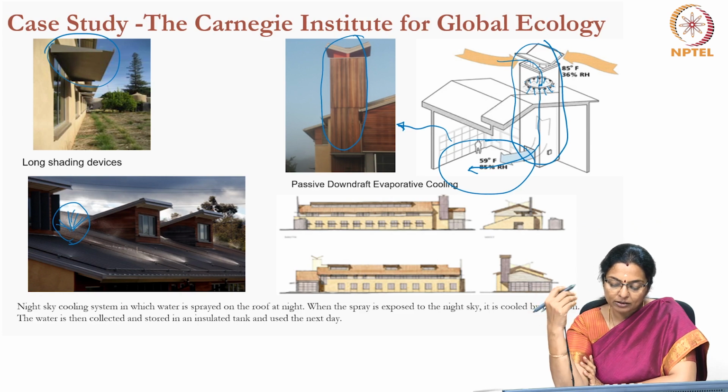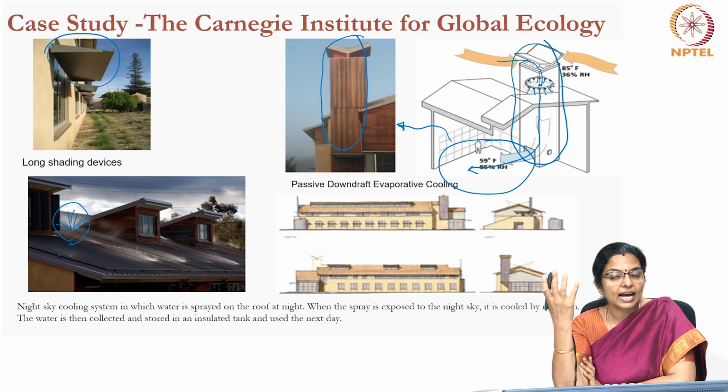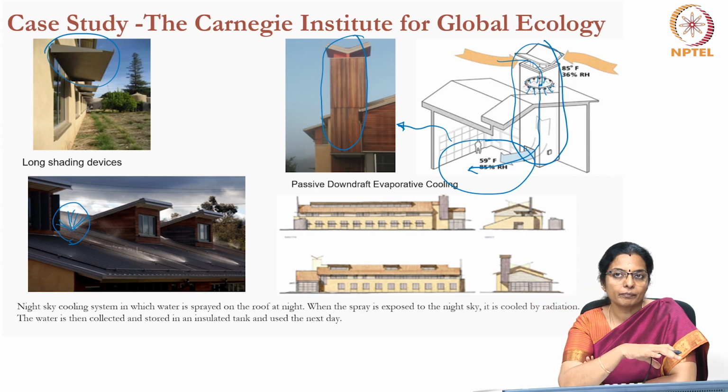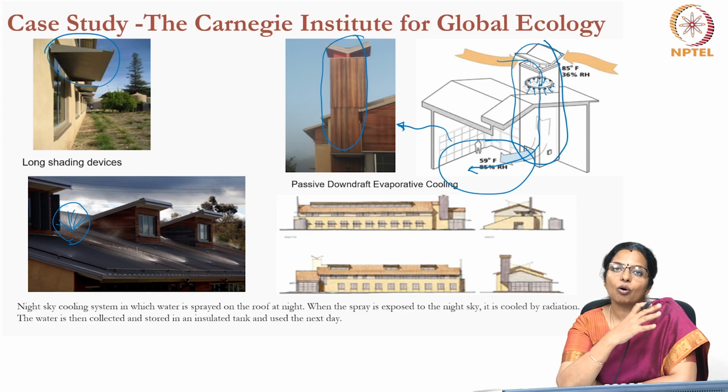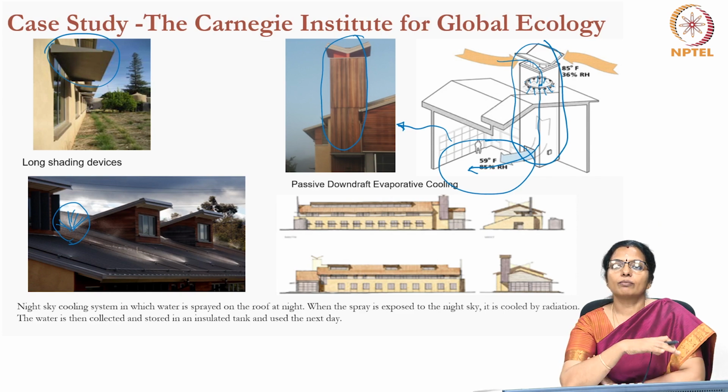The spray is exposed to the night sky, which is already cool. That cools this water, and the roof's temperature gets reduced, and therefore during the day when the outside is warm, the already cooled roof passes its chillness to the room below.